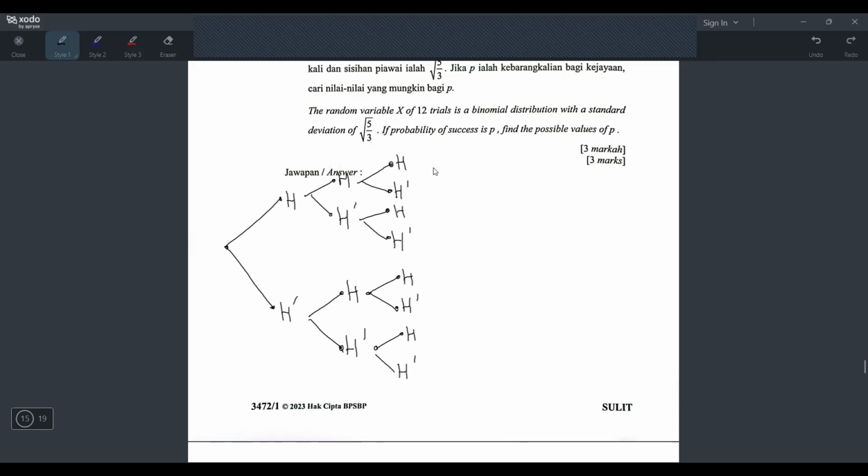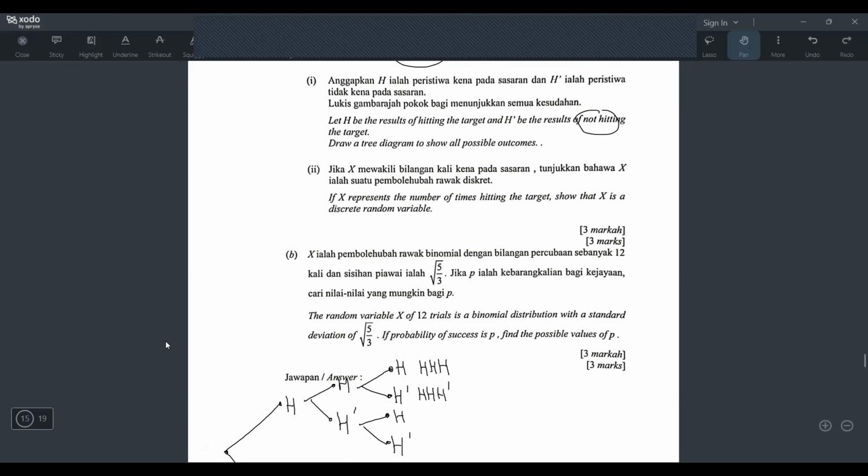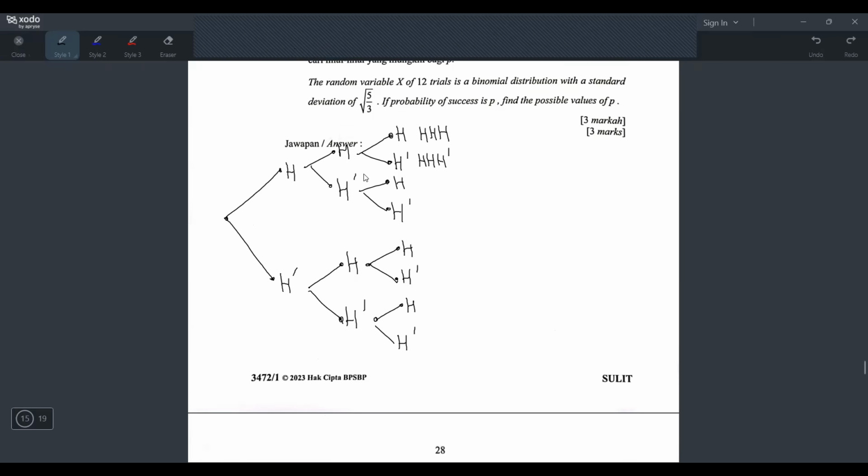And what does it mean by this? It means 3 times you hit, right? Hit, hit, hit. This one is you hit the first one, you hit the second one, but the third one you not hit, right? They use the word not hitting. Or maybe the first one you hit, the second one does not hit, and then the third one you hit. Or the first one you hit, the second one not hit, the third one also not hit.